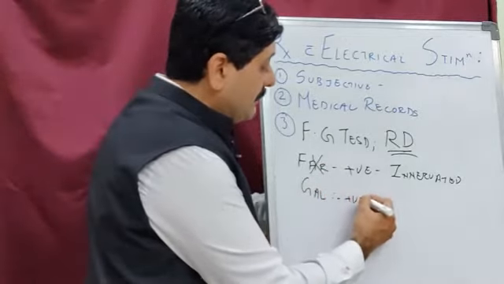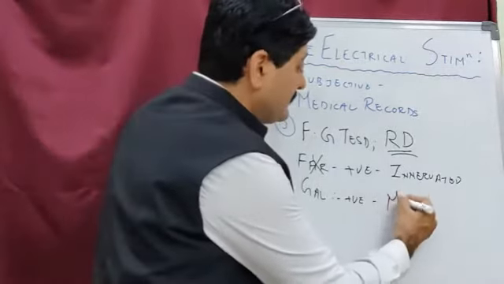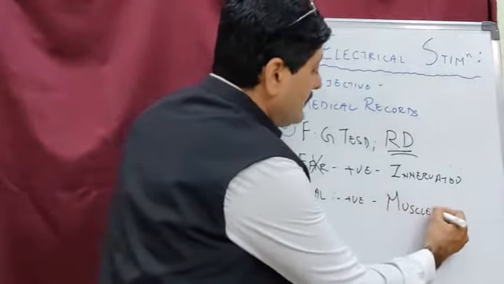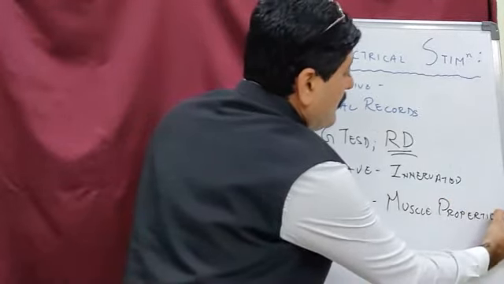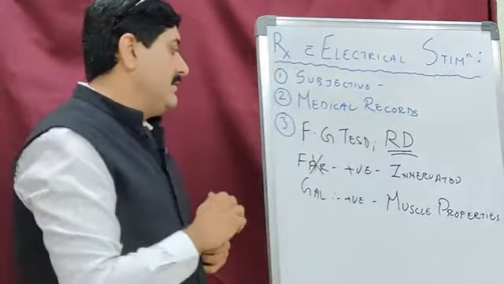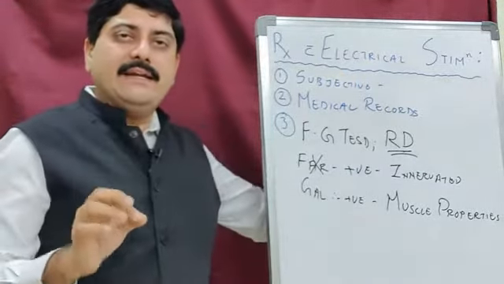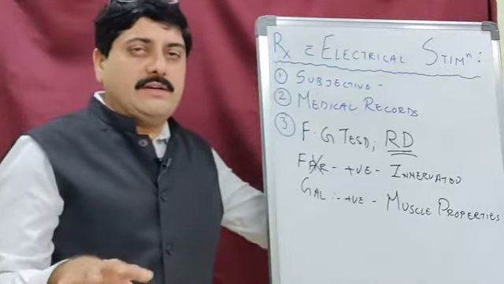And if the patient is responding with Galvanic, that means that the muscle properties are retained, and the muscle properties are intact. The muscle is working properly, but the nerve supply to the muscle is not intact.